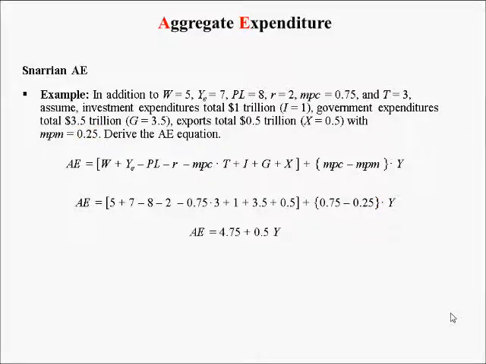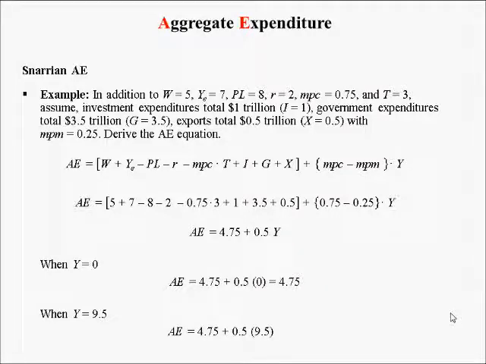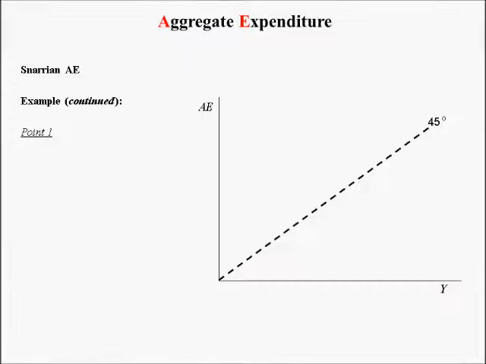Arithmetic yields the aggregate expenditure equation 4.75 plus 0.5y. If real GDP is 0 in America, then our aggregate planned expenditure is going to be $4.75 trillion. Now, if real GDP is $9.5 trillion, aggregate planned expenditure is, well, 9.5 times 0.5 plus 4.75 is 9.5. Now we're going to plot the points in the grid to the right.